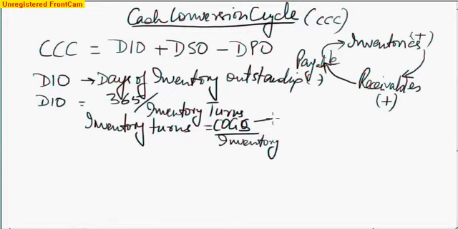Where do you get the COGS? You get the COGS from the profit and loss account. Where do you get the inventory from? You get it from the balance sheet. Now if you look at the other measure, which is days of sales outstanding.